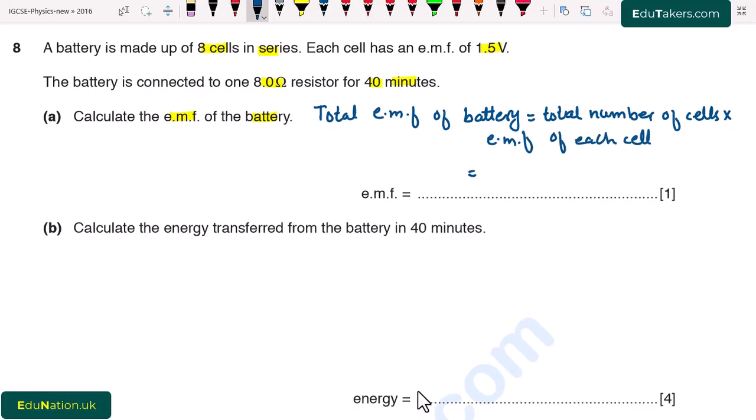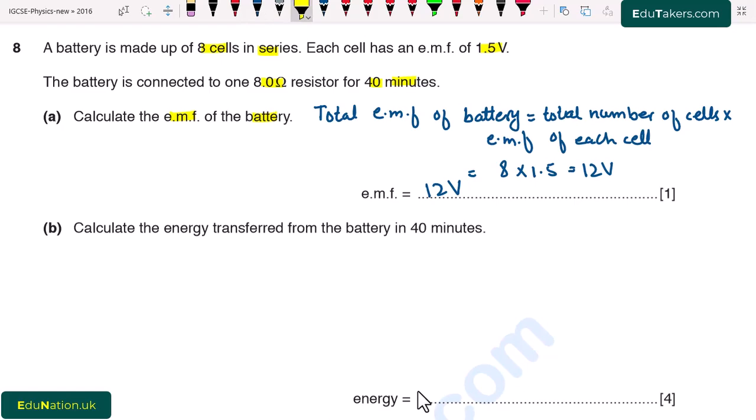It will be equal to the total number of cells, which is 8, multiplied by the EMF of each cell, which is 1.5. So the value of EMF of the battery comes to be 12 volt. I write here EMF is equal to 12 volt.